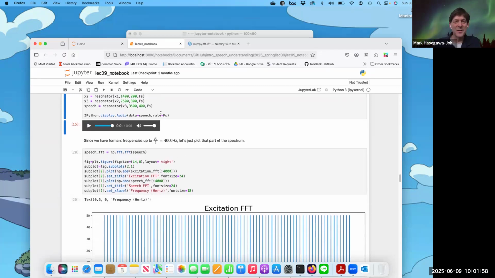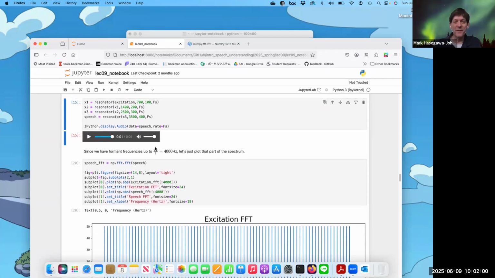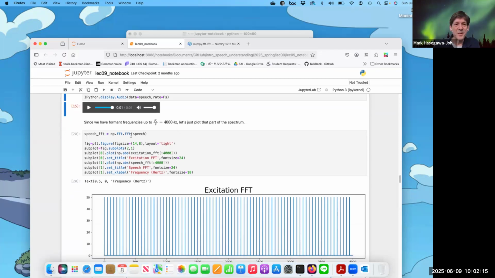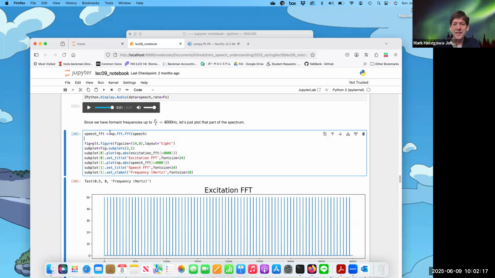All right, so now we know that we have formant frequencies from 700 up to 3500. If Fs is 8000, then Fs over 2 is 4000. So we can plot just that part of the spectrum, the non-aliased part, right? Let me take the speech FFT, take that speech signal and take its Fourier transform.